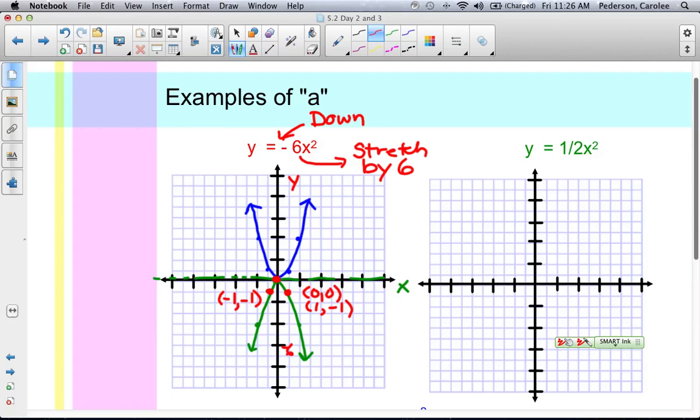So this point is really going to go down here (1, -6). And then that other point is going to stretch down 6 units on the y-axis to -1, -6. So the final graph is in the black of this picture.